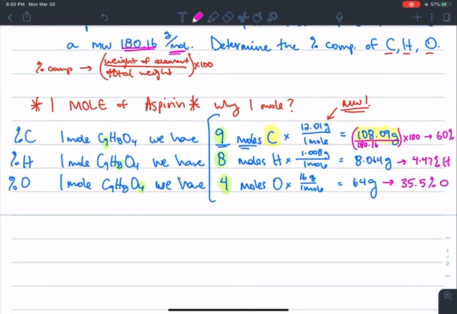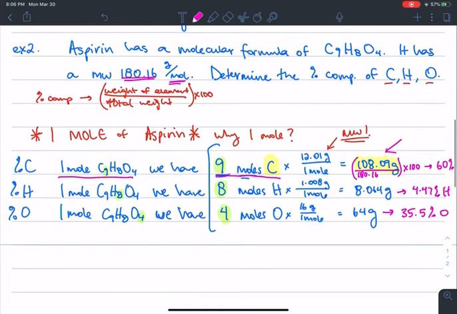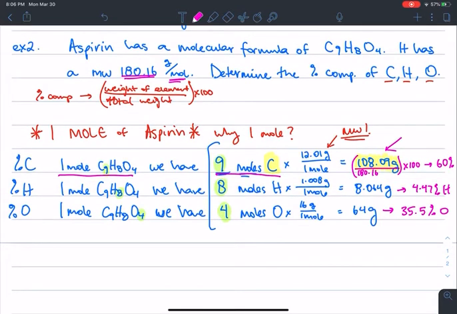So this question was a little bit different because it didn't tell us the amount in grams of carbon, hydrogen, and oxygen that we have. But we had to convert from mole of aspirin to mole of carbon to grams of carbon to end up with our percent composition of carbon, right? But all that came from the molecular formula.